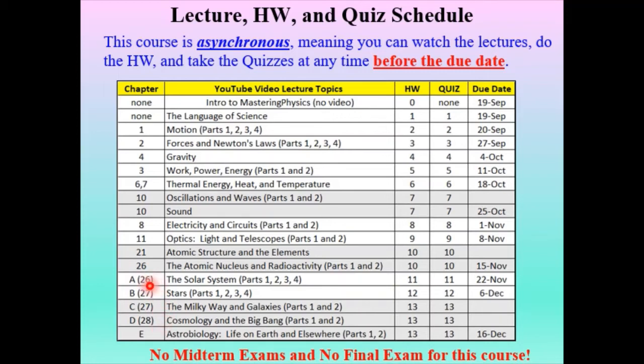So I put the chapter numbers in parentheses there from the book, but basically you're going to be using my lecture notes, which are labeled A, B, C, D, and E. And so once we get to that part of the course, I'll remind you about this. But again, all of this stuff is on YouTube, and you'll be doing homework and taking quizzes on that material as well.